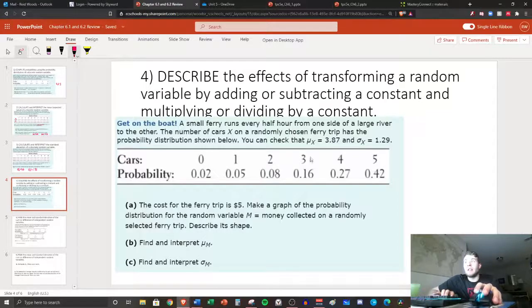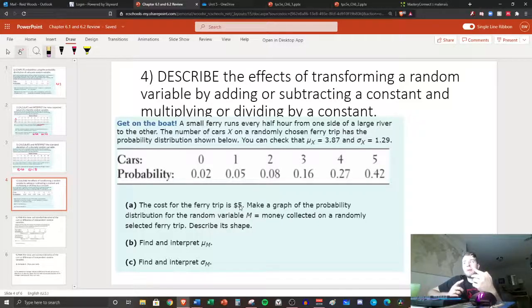Describe its shape. Well, it's skewed to the left, and we could actually tell that just by looking at these probabilities that it was going to be skewed to the left. Okay. Now we want to find and interpret the mean and the standard deviation of this distribution. Now we talked about this is multiplying, right? It's $5 per car. So it's multiplication.